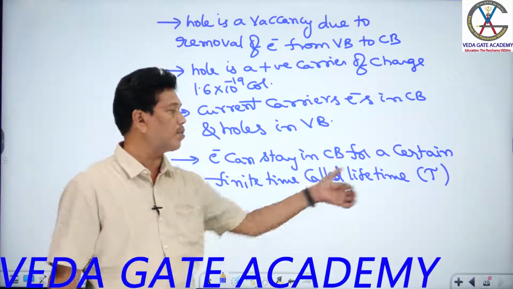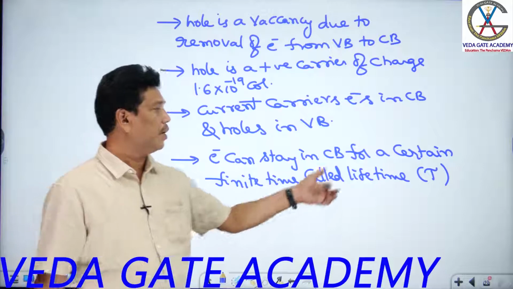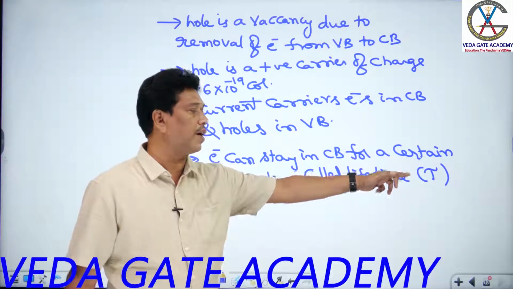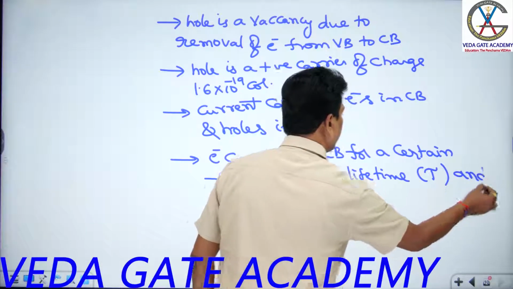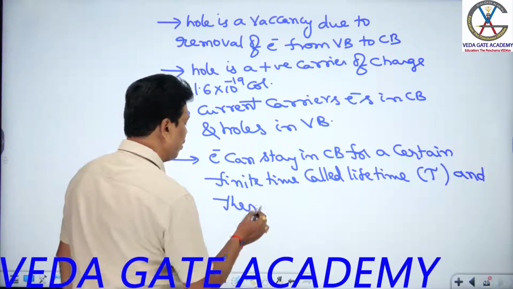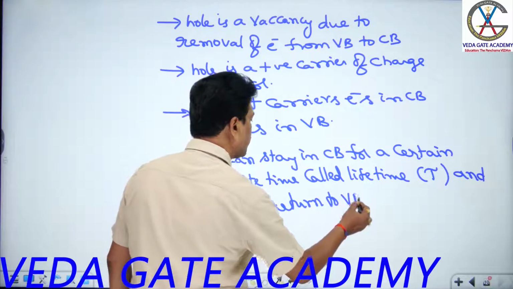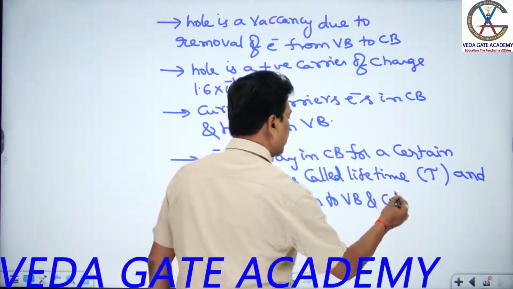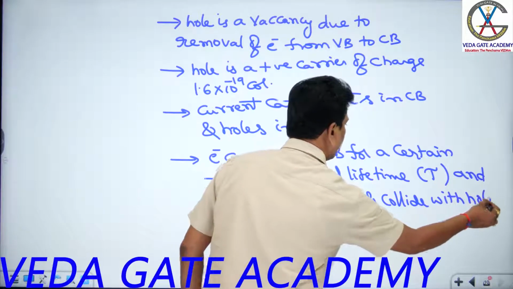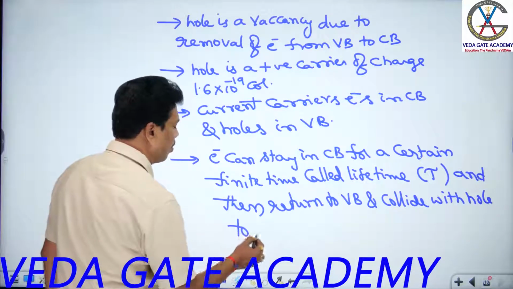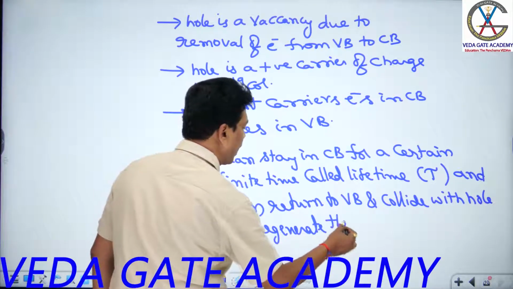Here also the same. So this is an average time only, not a fixed time, students. On average the carrier can spend a certain time in the conduction band, the lifetime tau, and then return to the valence band and collide with a hole to regenerate the valence electron again.